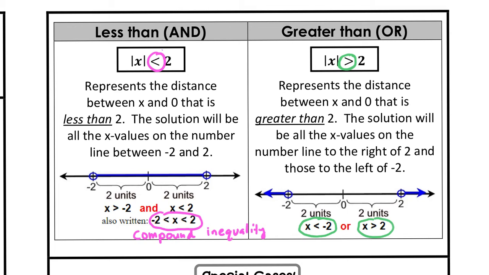And this is what we were kind of doing last class, where we would do 2 problems separately, and we would get 2 answers, right? So the new thing for today is when I have less than a positive number, then I'm going to do kind of this compound inequality. If it's greater than a positive number, then I'm going to do two separate calculations.